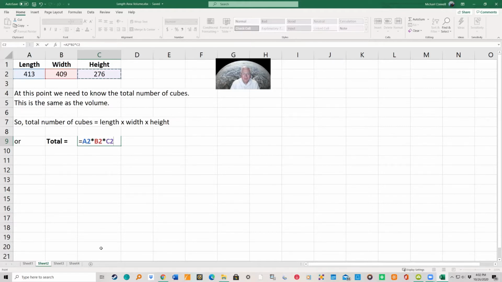When we look at what we've done now, we also see another thing that's very helpful. And that is that it's color coded, at least on my spreadsheet. And you'll notice that when we do this multiplication, I'll get my mouse back again so I can use it to point. You see over here, we're selecting the length, which is a blue color. So that's this piece right here. We're selecting the width, which is kind of reddish.